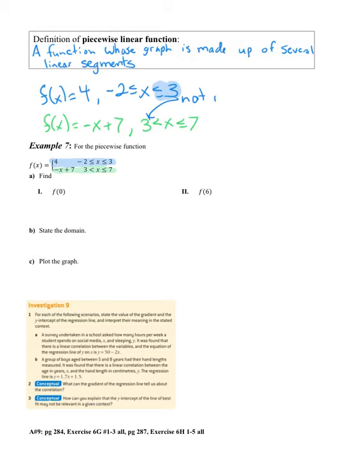So that's important to notice right there. If it's including 3, then you don't have a function anymore because it's being included in 2 different spots on the graph. Okay. So the first thing I had to ask myself is, let's find f of 0. And we've got to find out where does 0 fall on the number line.